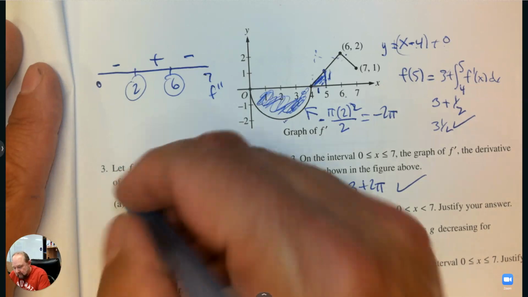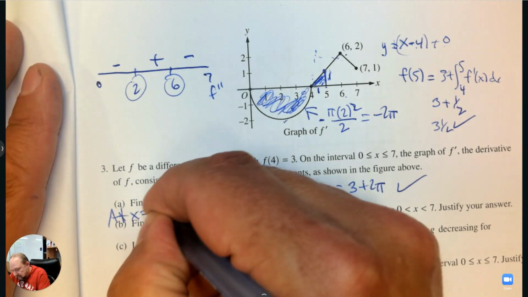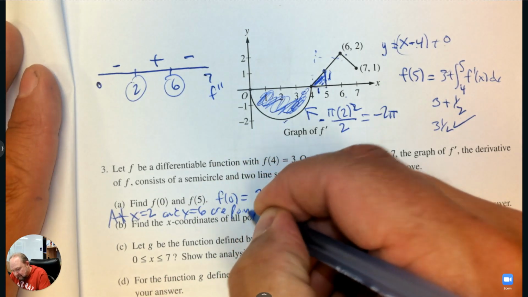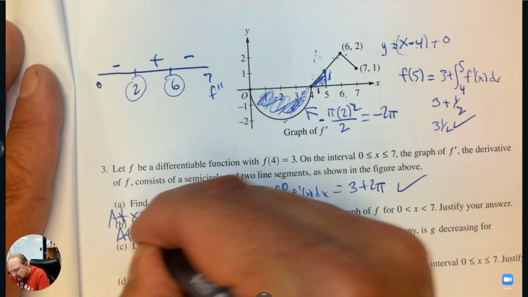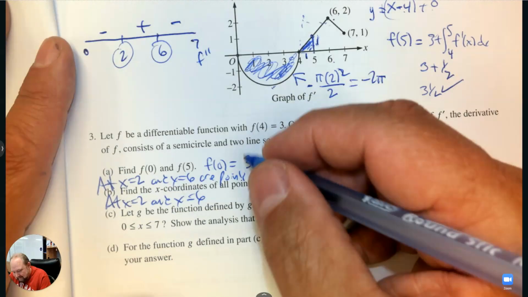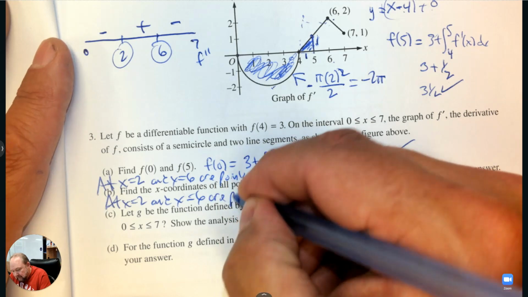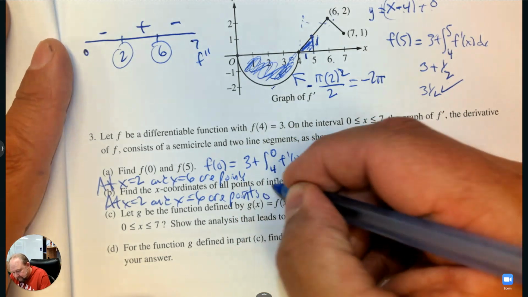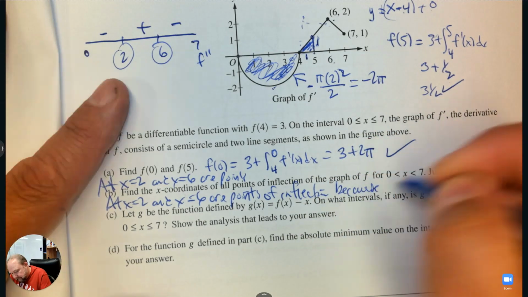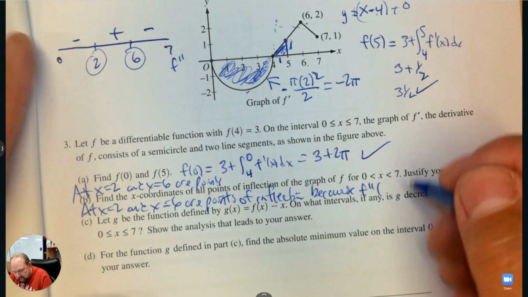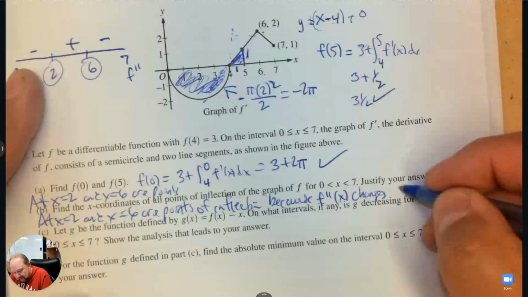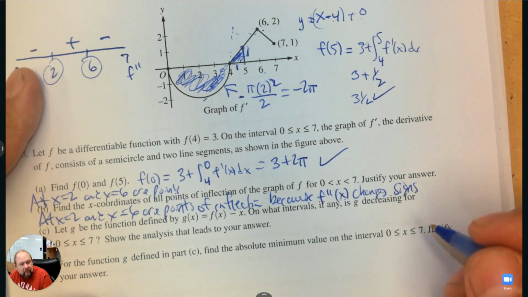And then justify your answer. So at x equals 2 and x equals 6 are points of inflection because the second derivative changes signs at those numbers.